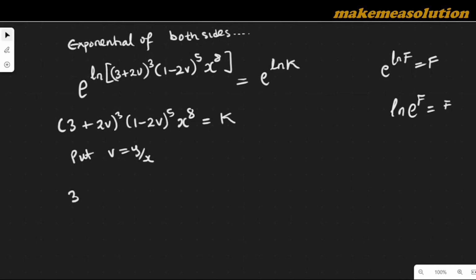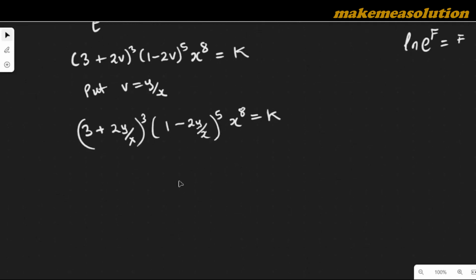So you have (3 + 2y/x)^3. You now have (1 - 2y/x) raised to the power of 5. And you now have x raised to the power of 8 equal to a constant. Check what happens out.